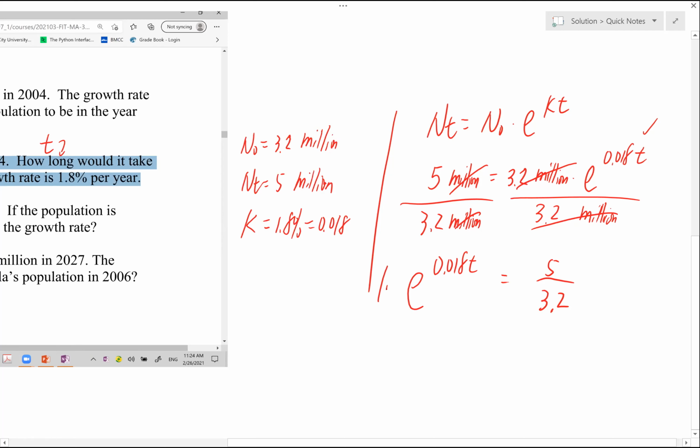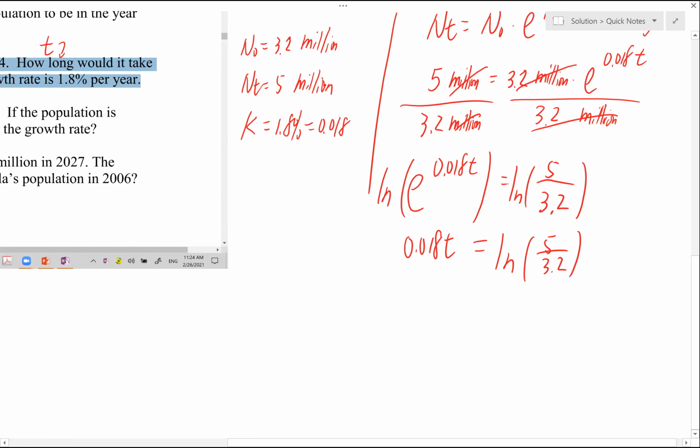The ln and the exponent with base e cancel each other, so 0.018 t is the only thing that remains, and on the right we have ln of 5 over 3.2.